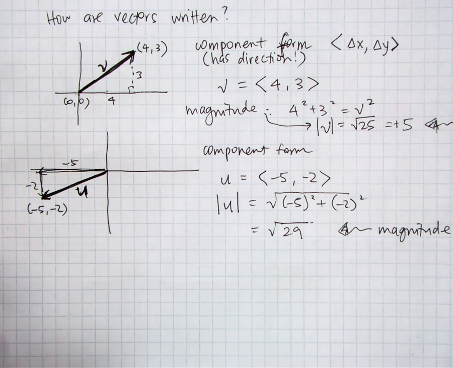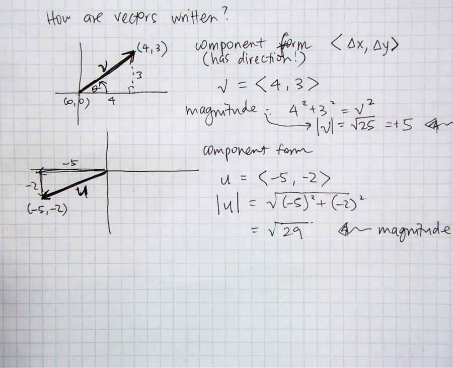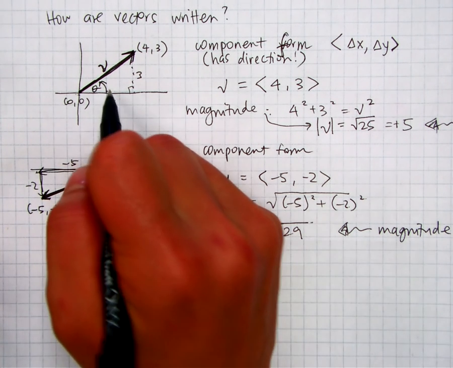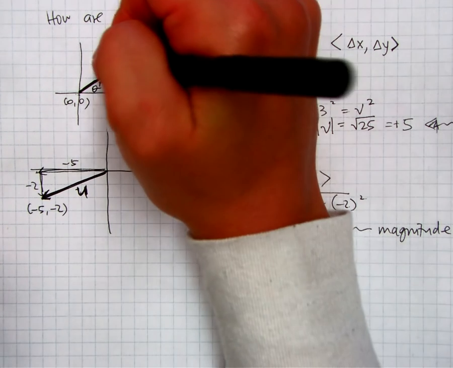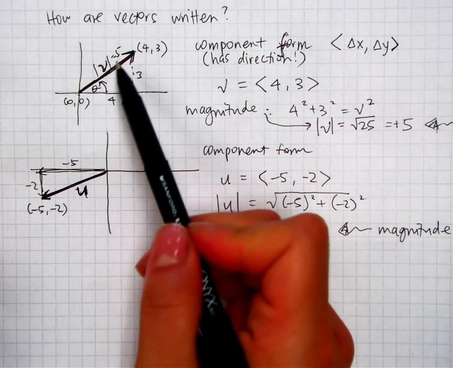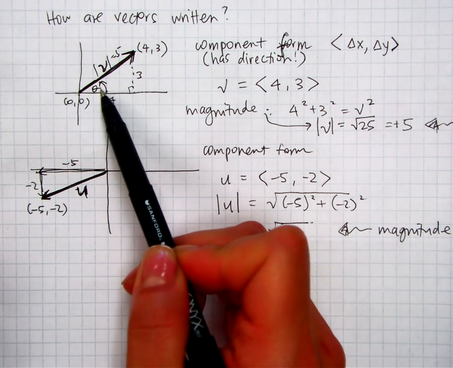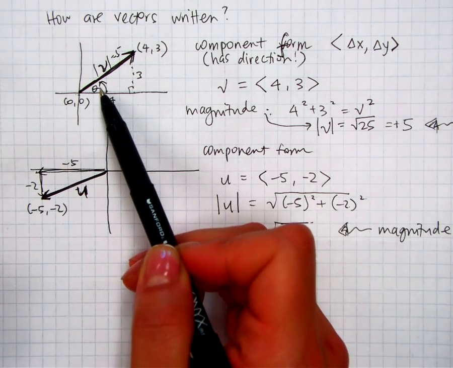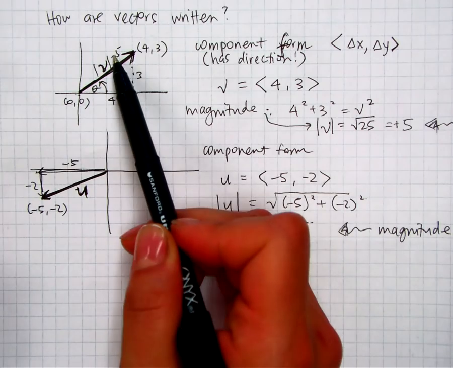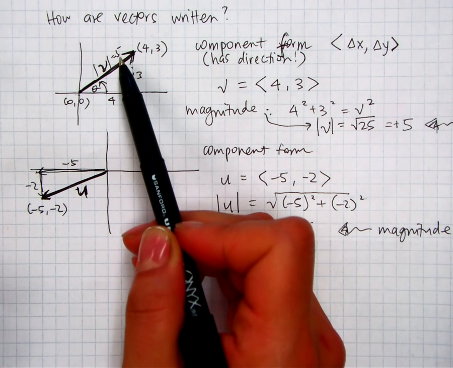So the last thing to find right now is this angle, the direction. How do we find the direction of this? So this angle right here, you can use your 5. If I know that this equals 5, I can either use tangent, where tangent of theta is opposite over adjacent, or sine of theta, which is opposite over hypotenuse, or cosine of theta, which is adjacent over hypotenuse.